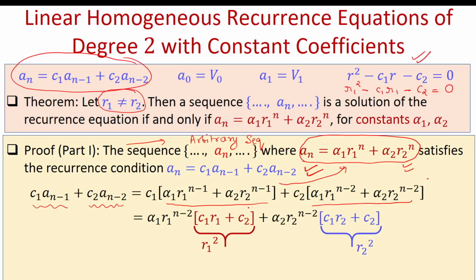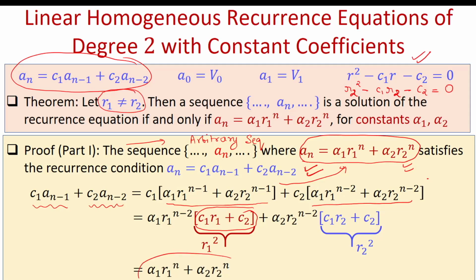So that's why I can substitute this part by R1 square. And similarly, R2 also satisfies the characteristic equation. So we also have R2 square minus C1 times R2 minus C2 equal to 0, which implies C1 times R2 plus C2 is R2 square. So by substituting this, we get the following.